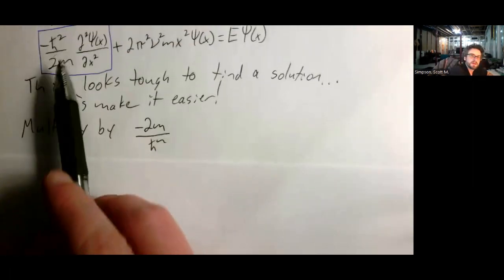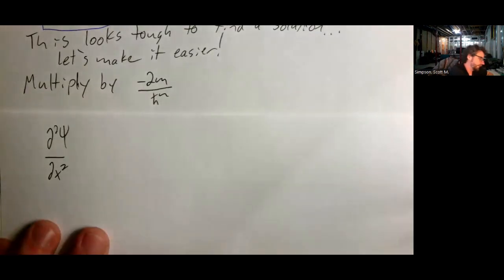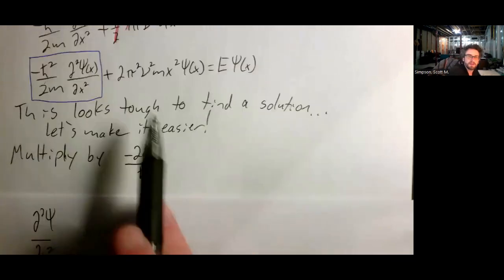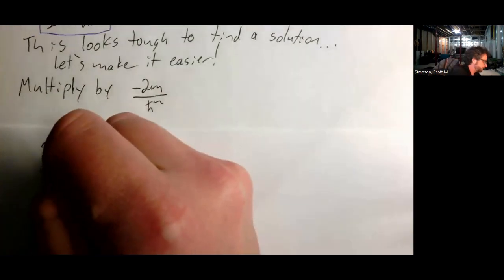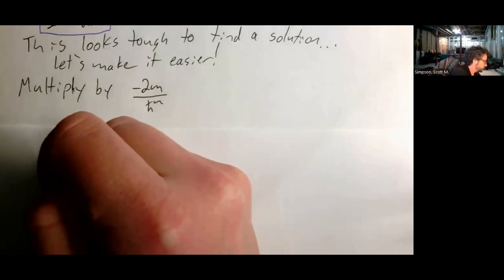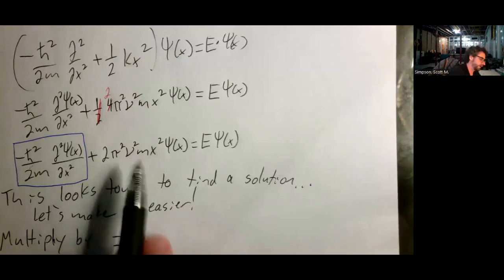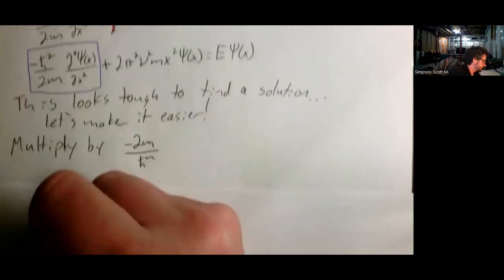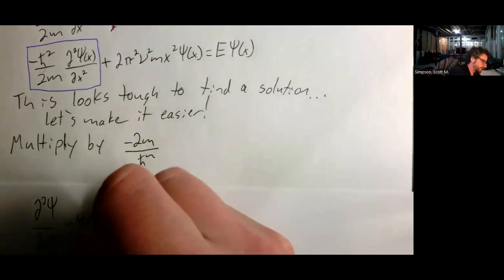So when we do that, that term's going to go away. We're going to be left over with this, but we have to multiply everything else in this expression by that negative 2m over h bar squared. So multiplying negative 2m over h bar squared on this thing, that's going to change this to negative 4 pi squared v squared.